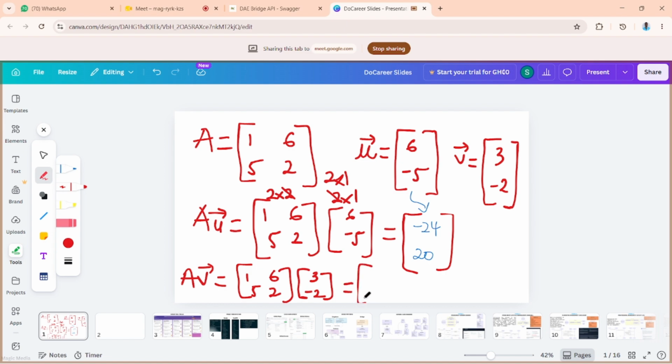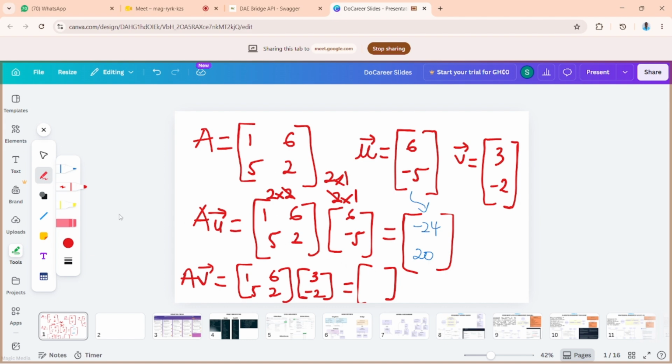And we are looking for the result here. Av, 1, 6, 5: negative 9 and 11.